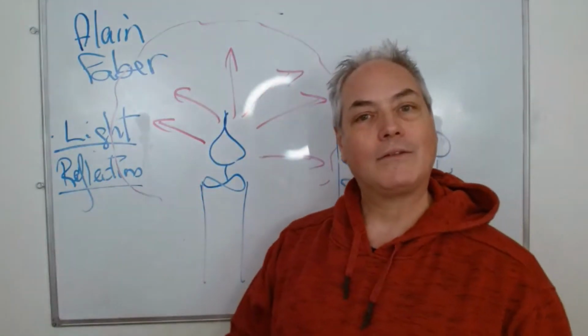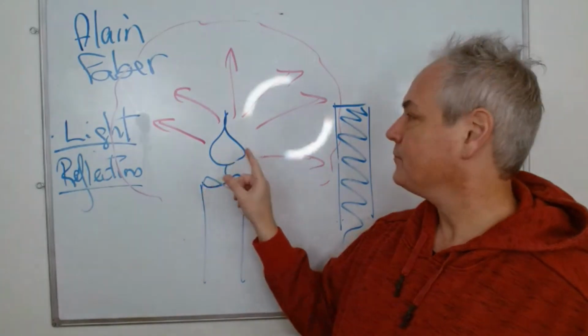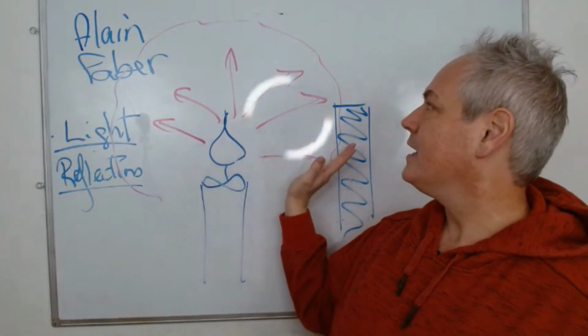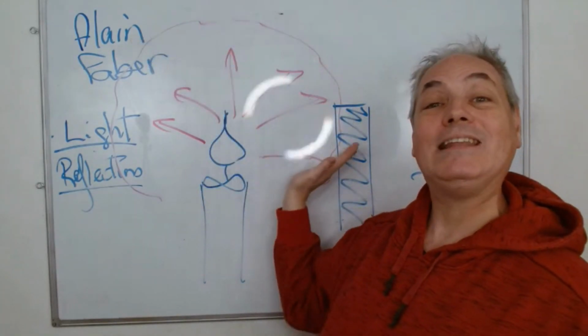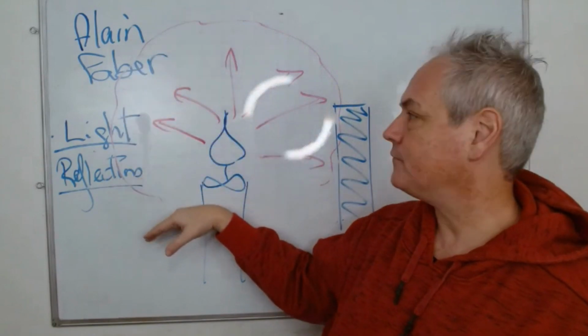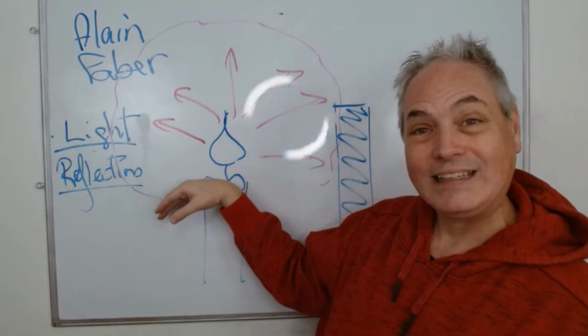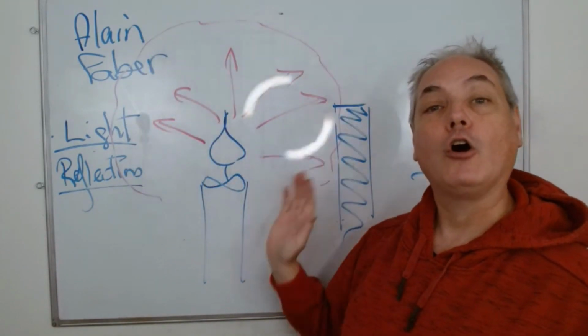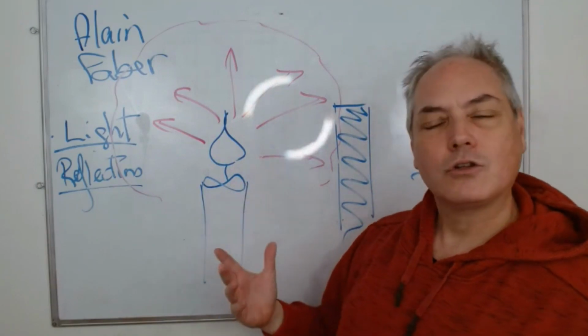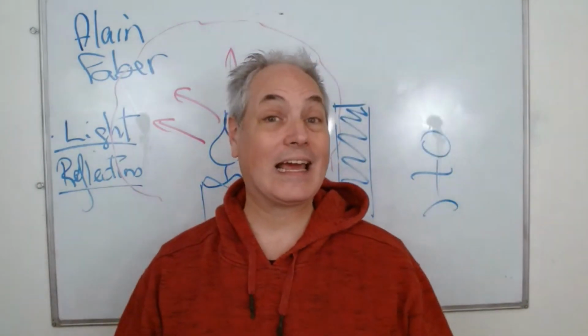So the question we have here is that if you take this light, this source of light, we have an infinite number of electromagnetic waves going in all directions. So the question here is, how can we study light a bit more?